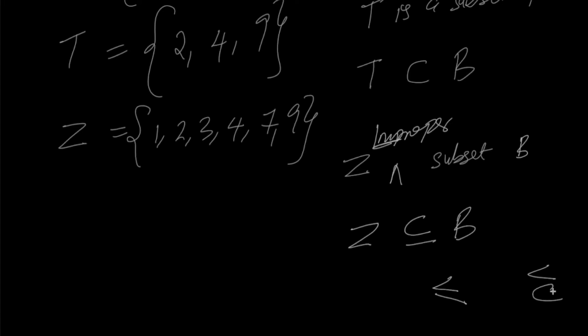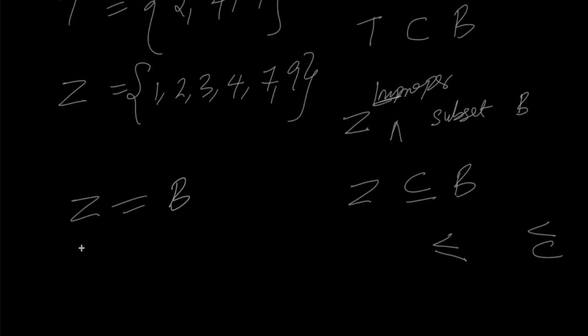You can call this one less than or equal to. But invariably, Z is equal to B. B is equal to Z. To represent this, the only way to say it is Z is an improper subset of B.